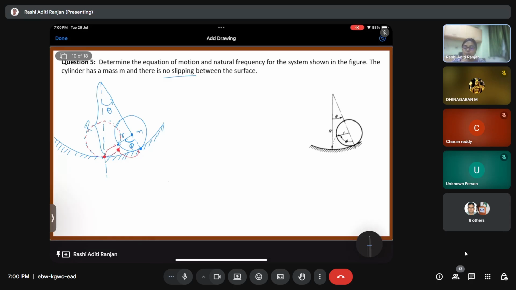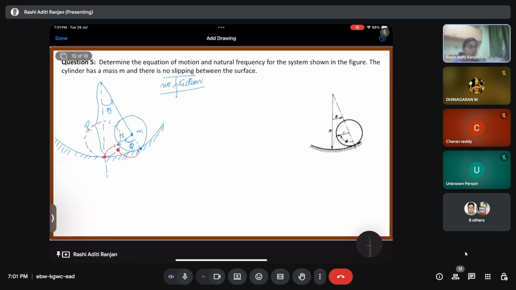So now the question is of finding the equation of motion. We already know the energy method, right? What do we do over there? We find out the kinetic energy, find out the potential energy, evaluate the total energy, and differentiate it. Here also, there is no slipping, there is no friction, so there is no dissipation.